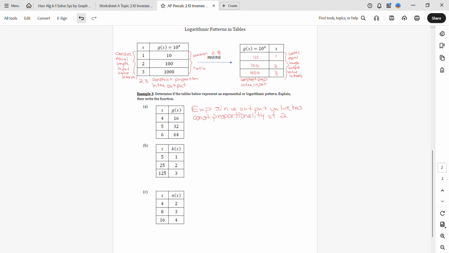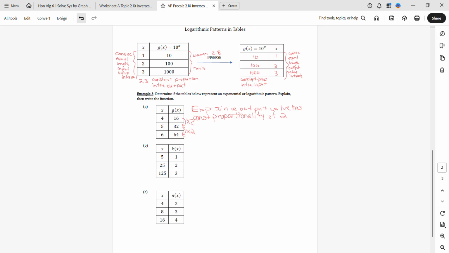You have to put the number. You can't just say output value has constant proportionality. You have to put the number. Now, one thing that I will say we did do for kids is that if they showed times 2, times 2, times 2, times 2, if they showed the multiplying by 2, they did earn the point for explaining that pattern.